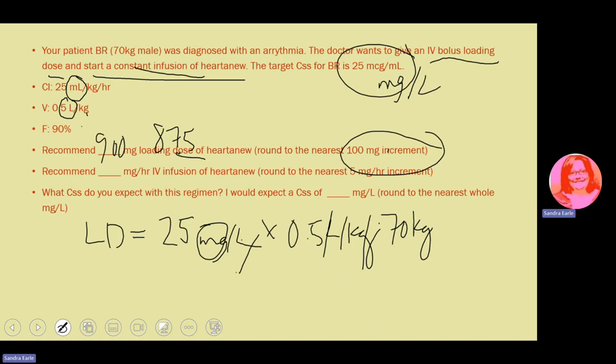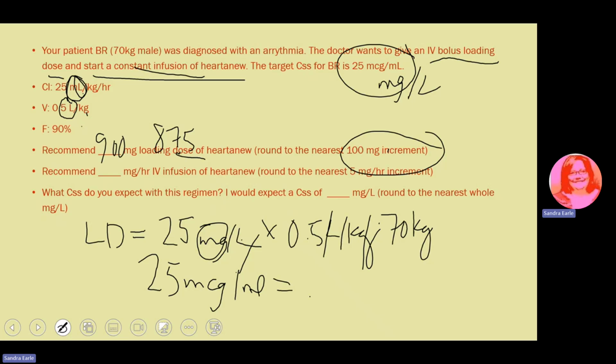And then our constant infusion, again, we're still shooting for a CSS of 25 micrograms per milliliter. I'm going to leave it in milliliters because our clearance is in milliliters.